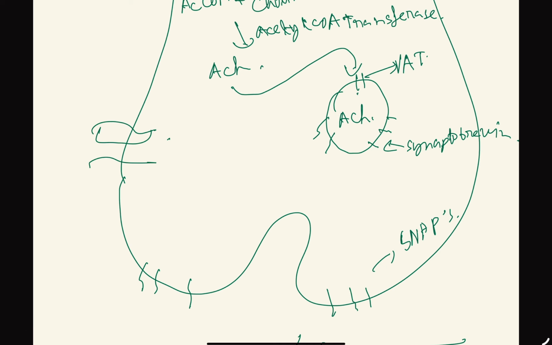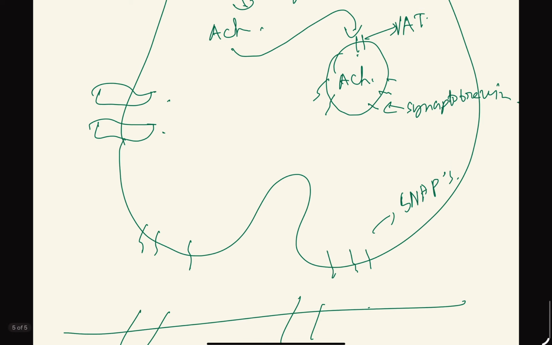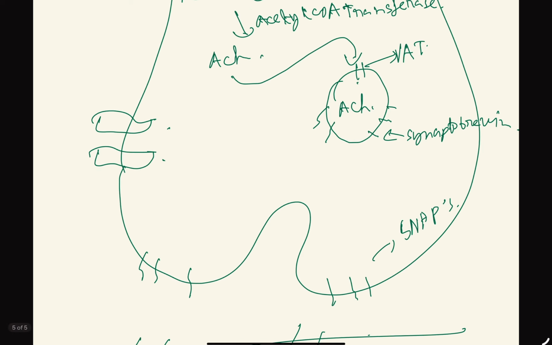So how does this acetylcholine get released into the synapse? For this, calcium should enter into the nerve terminal.